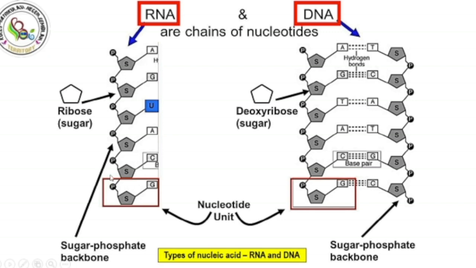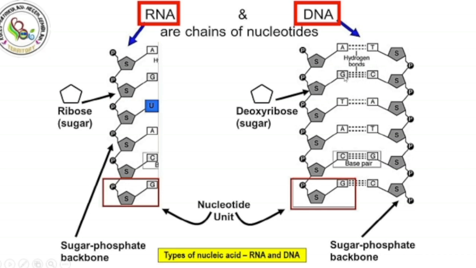A polynucleotide chain forms when many nucleotides join together. For DNA molecule, it has a double polynucleotide chain, one and two. And these two polynucleotide chains join together by hydrogen bonds between nitrogenous bases.